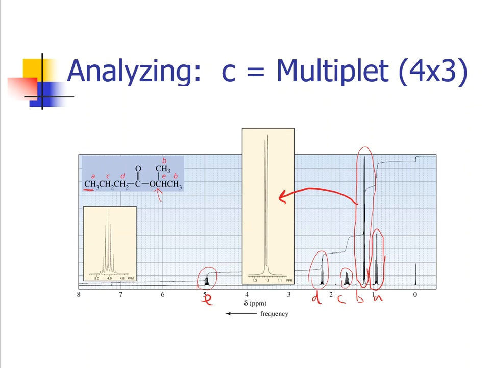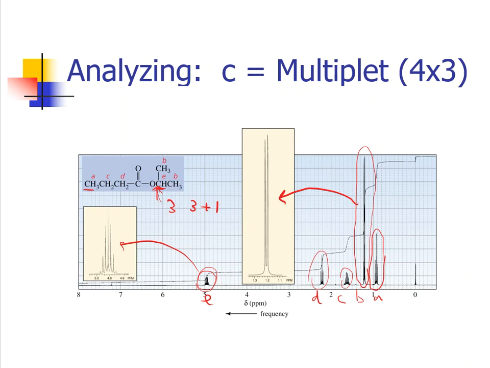Now I want to take a look at this signal that's happening between 4.8 to 5. So 4.8 to 5 is going to be this signal here for E, and that's that one. All right, so they've enlarged it for you so you can see the splitting a little bit better. And then if I look at E, it's talking about this particular proton right there. So if I look at this proton, I look at the adjacent neighbors nearby, and these are equivalent hydrogens to each other. So I've got 3 hydrogens on one side and 3 on the other, but they are equivalent, so I'm only going to add one time.